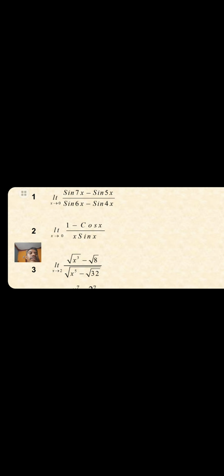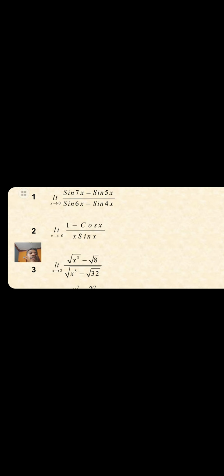Third question, limit x tends to 2, under root of x cube minus under root 8 by, here in the denominator the root is extended too far. The root is only up to the first term, that is under root of x power 5.